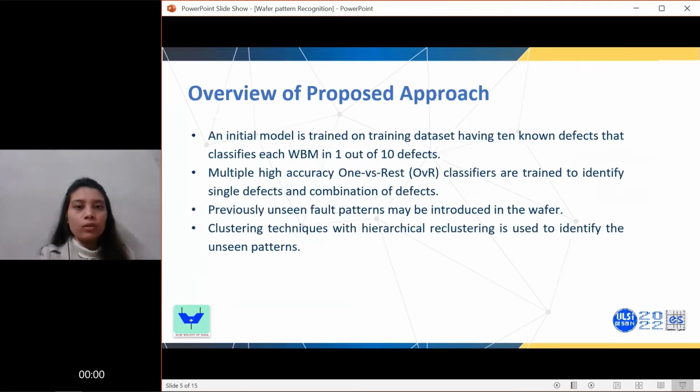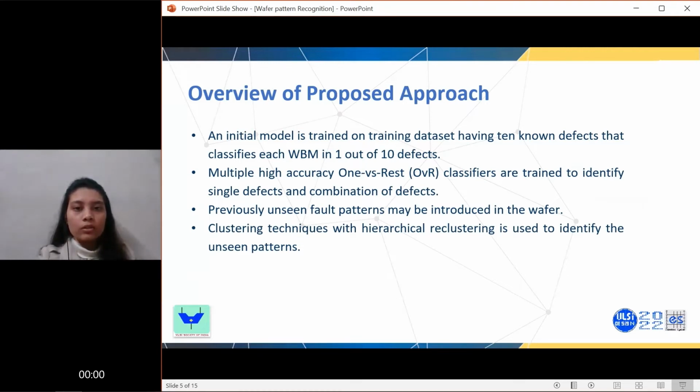Moving on to the overview of the proposed approach. First, we trained an initial model on a training dataset having 10 non-defects that classifies each wafer bin map into 1 out of 10 defects. In reality, though, there may be a combination of defects or no known defects present on the wafer. To address this, multiple high-accuracy 1 versus rest classifiers are trained to identify known defects that occur as a single defect or as a combination of known defects on the wafer.